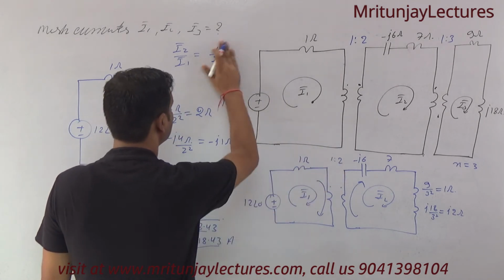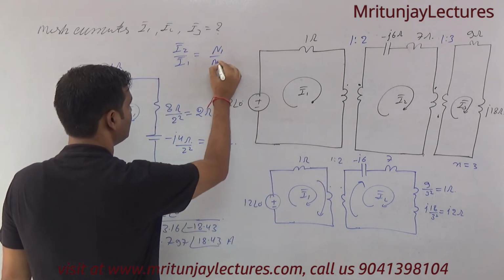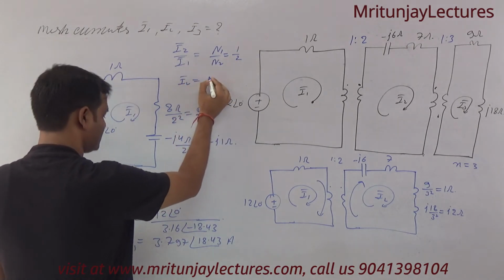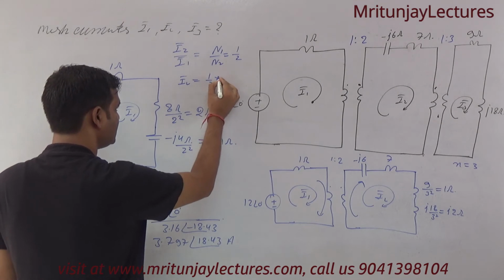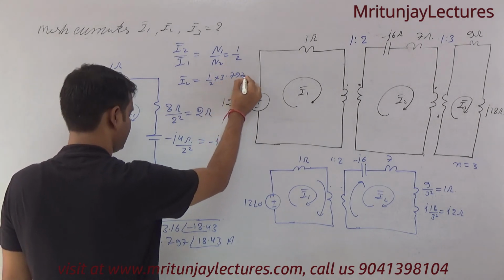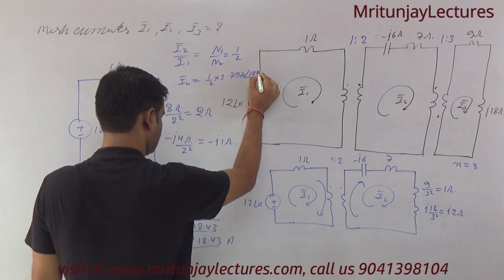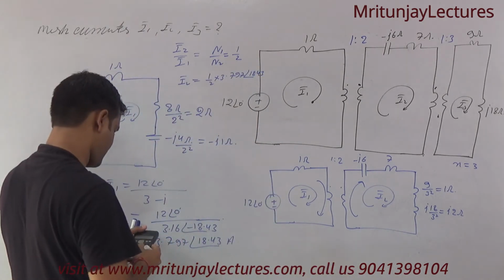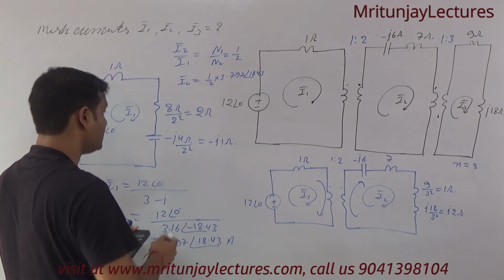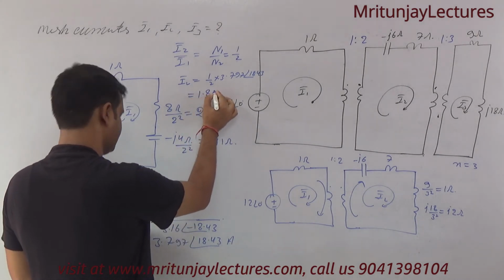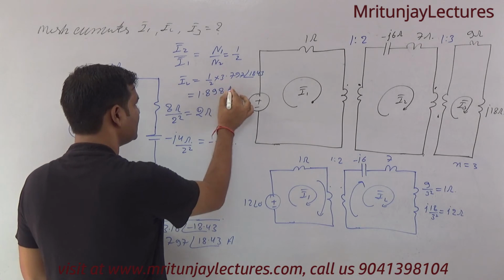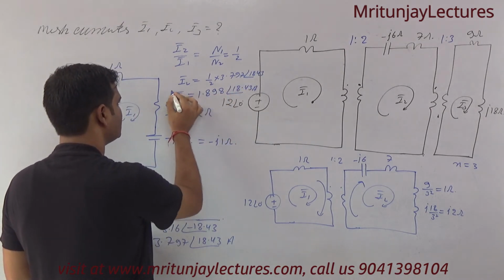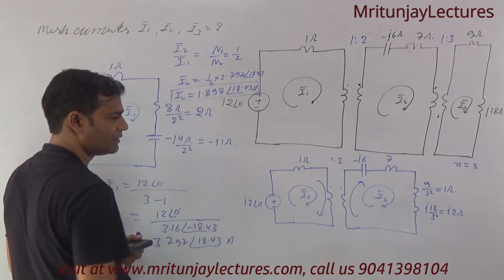N1 by N2. So N1 is 1 and N2 is 2. So I2 is 1 by 2 into 3.797 at the angle minus 18.43. So finally we got 1.898 at the angle minus 18.43 ampere. This is I2. Clear?